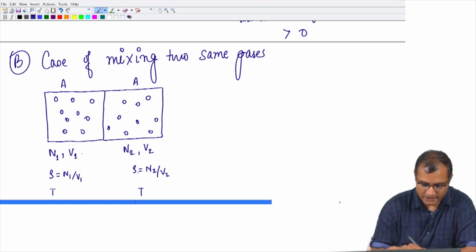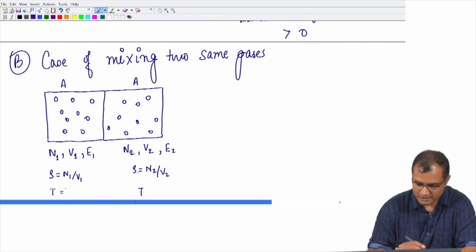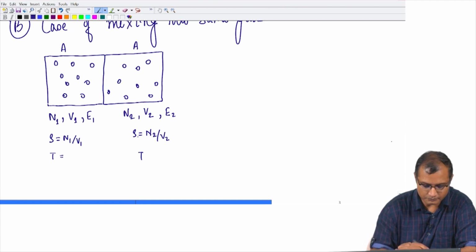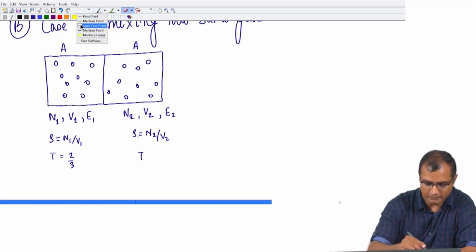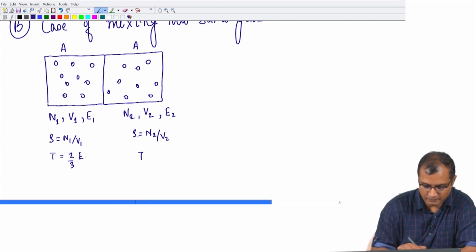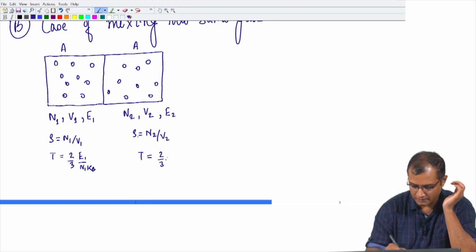So, if you are taking the energy as E1 and the energy here as E2, well then the temperature here is 2 by 3 E1 over N1 kB, and the temperature here is 2 by 3 E2 over N2 kB.